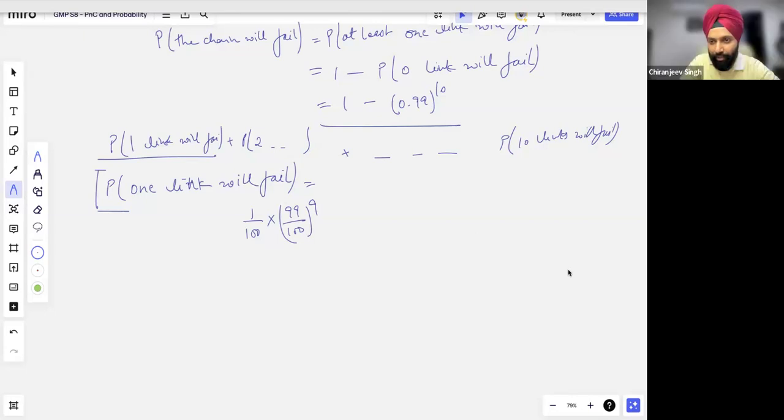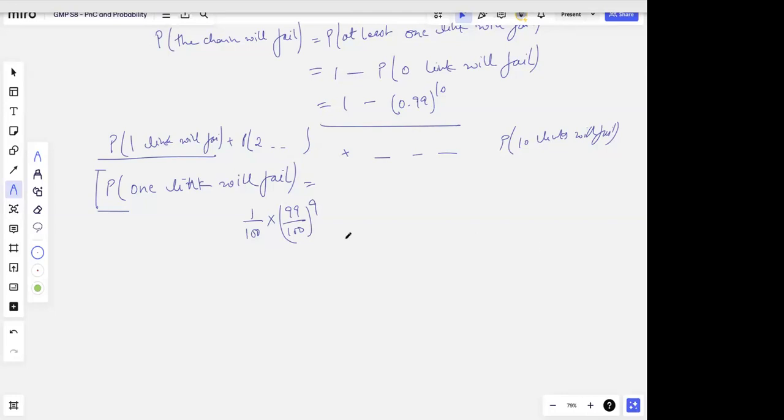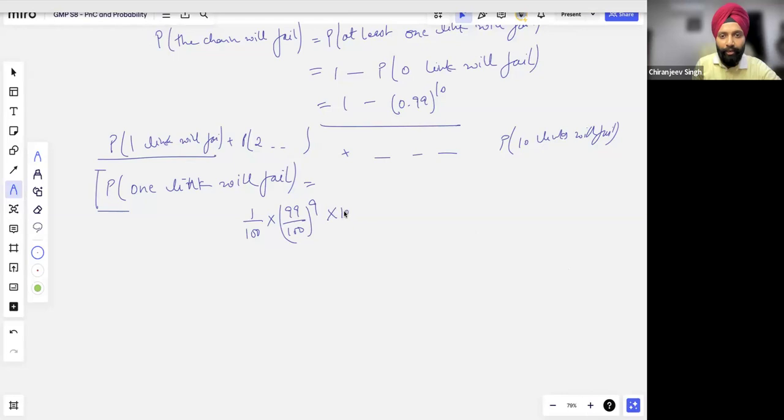Ramyadeep, you have a different answer, I think. Actually, I considered which one will fail, so I considered the arrangement as well. So 10C1, I multiplied by 10C1. Out of the 10, which one will fail, this into 10.